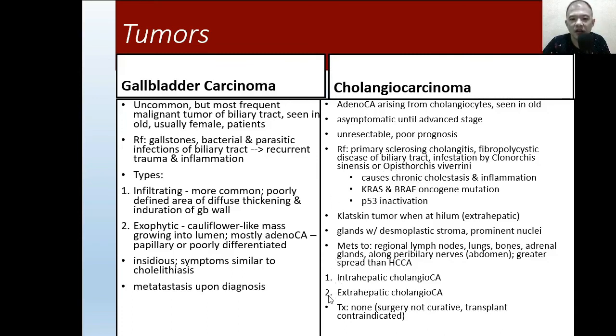Okay. You have two forms, intrahepatic and extrahepatic. Metastases are lymphatic, okay, and it can go to the lungs, the bones, and the adjacent nearby structures, okay.